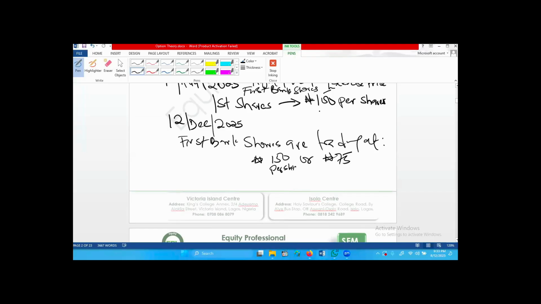Remember, you have obtained a right to buy at 100 naira. On getting to December, First Bank shares are trading at 75 naira per share. Now the question is, will you exercise your right to buy or not?